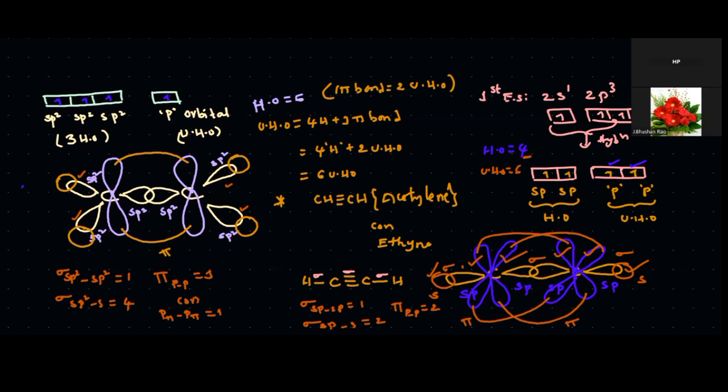And another one more calculation of sigma and pi bonds, hybrid and unhybrid orbitals ratios in the organic molecules. How to identify without drawing these orbital representations, everything. Now I will explain 2 to 3 examples, right? The first example.